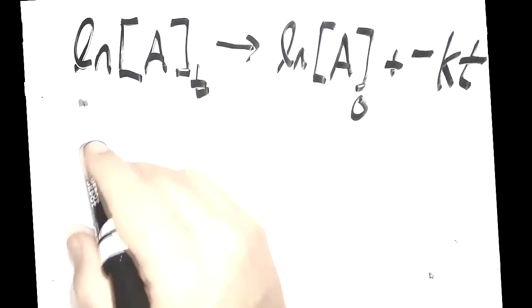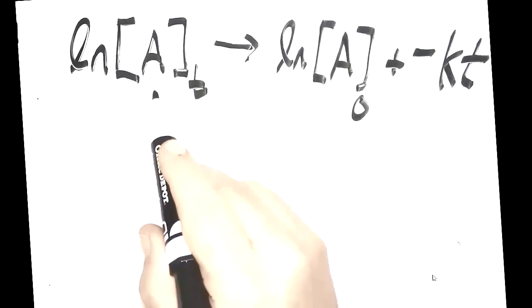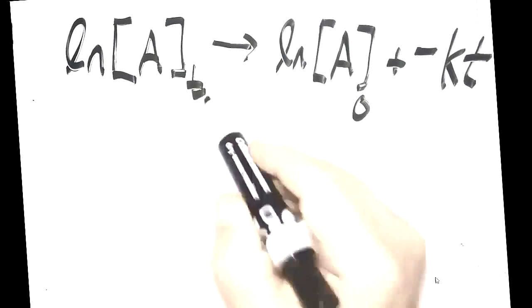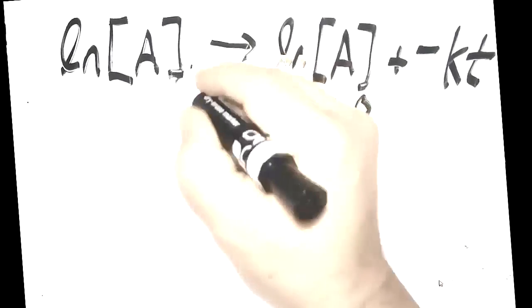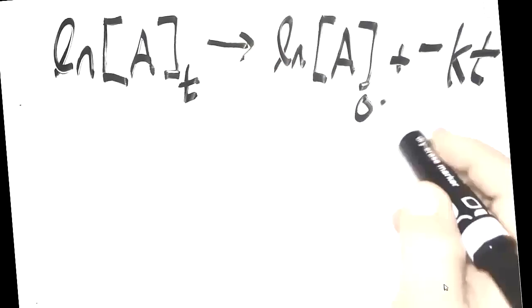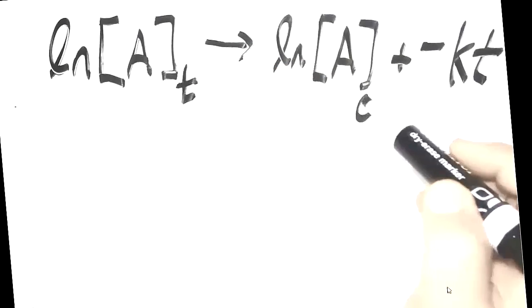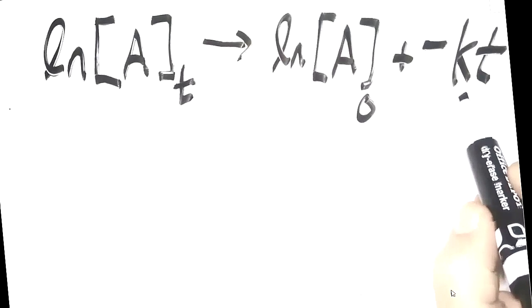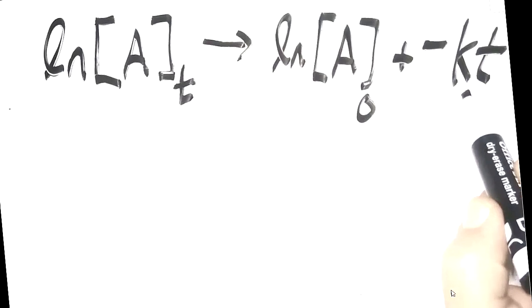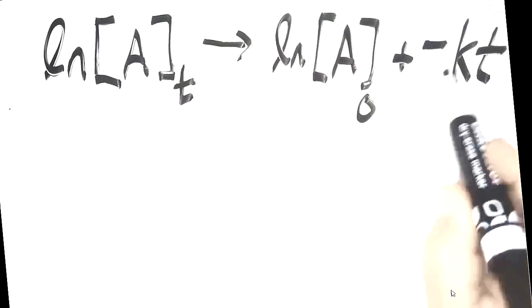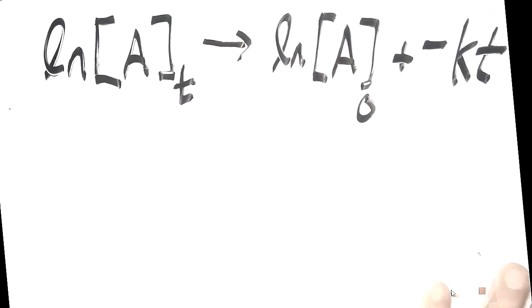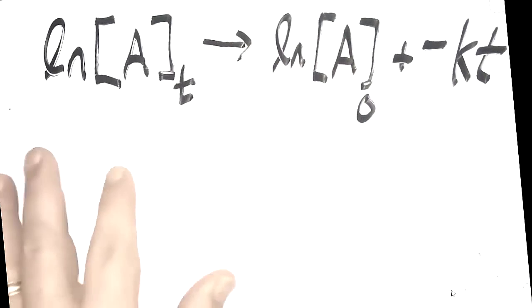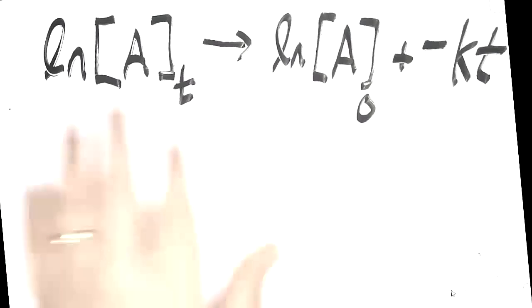So this says the natural log of the concentration of some isotope at some time t equals the natural log of the starting concentration at time 0, plus the product of the decay constant and the time expressed as a negative number. So that is one equation, and we often use this equation when we're trying to find the percent of something. And this uses the natural log on both sides.